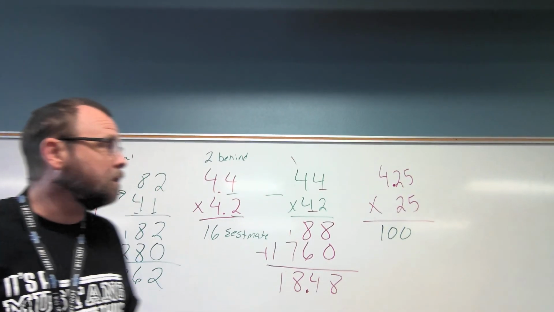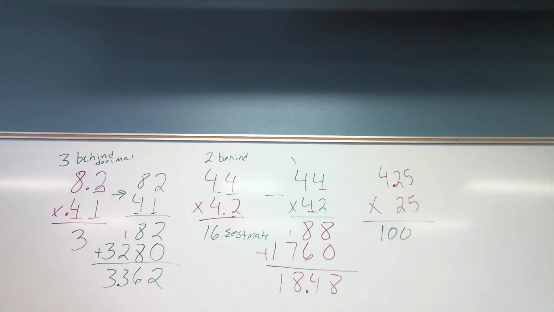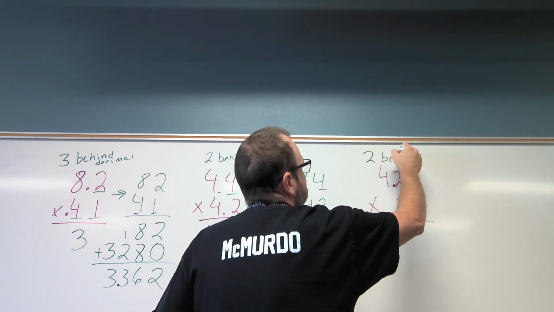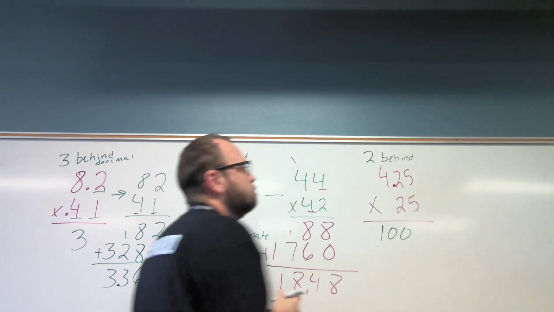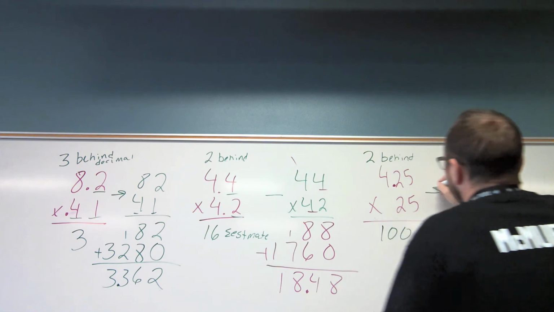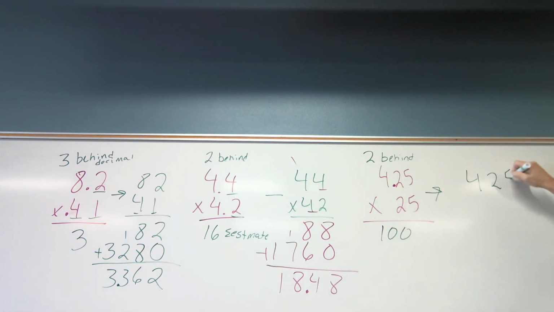Liam, how many numbers will be behind the decimal point in my answer? 2 numbers behind the decimal point in my answer. I'm going to rewrite it, ignoring the decimal point. 425 times 25. Let's see, 5 times 5 is 25.